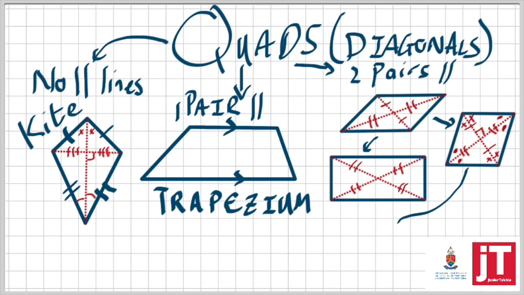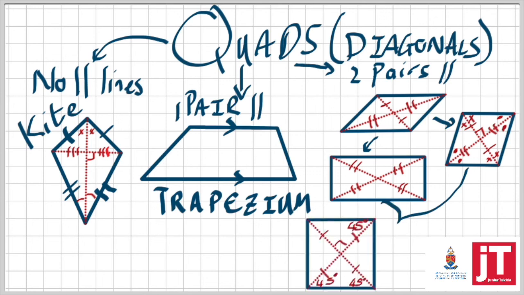Last is our square, which has a lot of extra properties when I introduce diagonals. First of all, those four little diagonal parts are equal. So the diagonals bisect each other at 90 degrees, but also the angles are bisected at 45 degrees. Very, very easy, but very, very important.